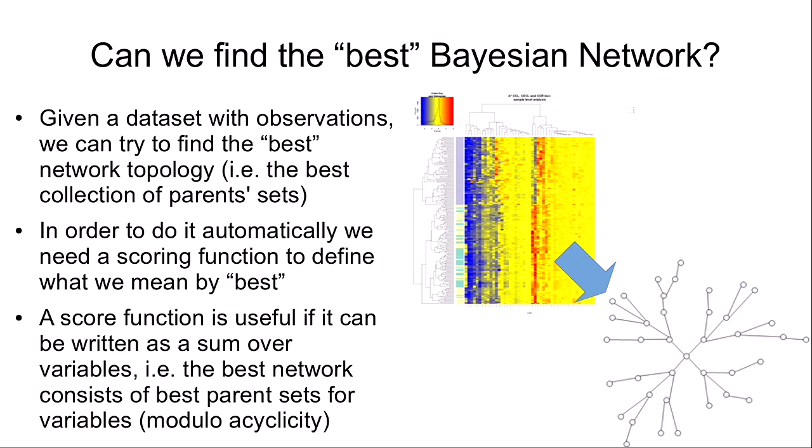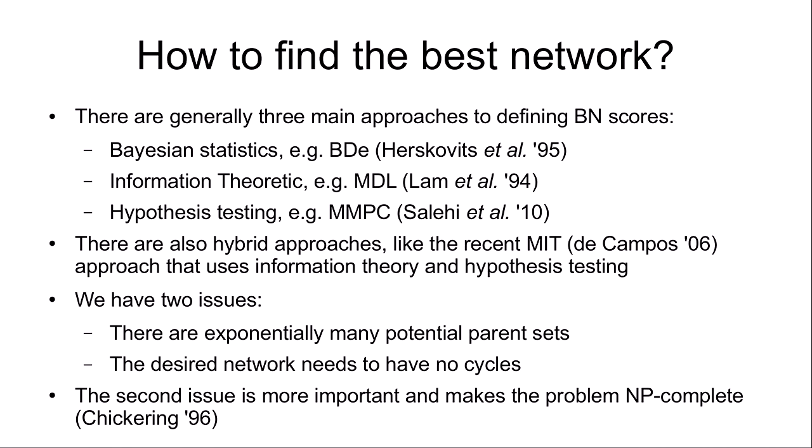What we need is a scoring function that gives us a mathematical notion of which networks are better than others. And we want those functions to be additive with respect to different variables, so we can compute it separately. So now this is tough.